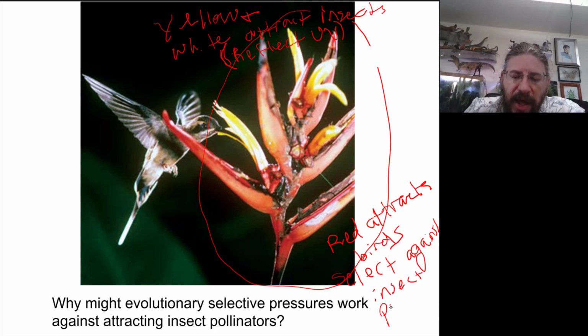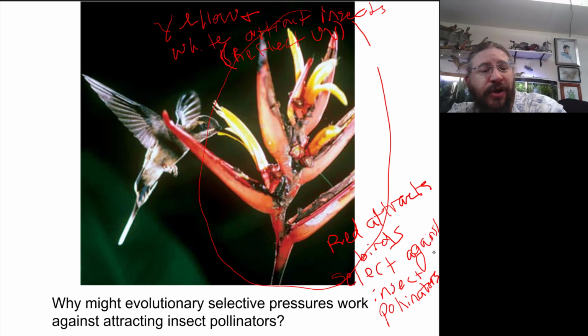Now, why might that be evolutionarily advantageous? In other words, why limit your pollinator pool? This is an interesting question. The answer has to do with the energetic needs of your pollinator. A hummingbird here has pretty high energetic needs.